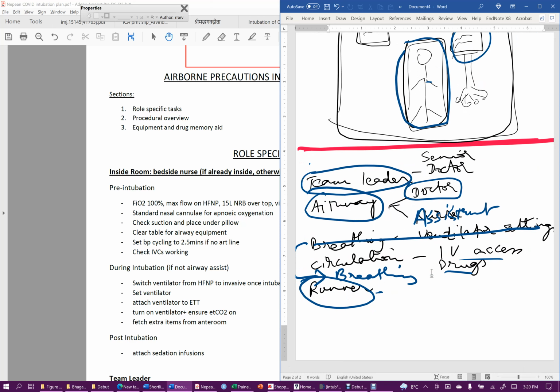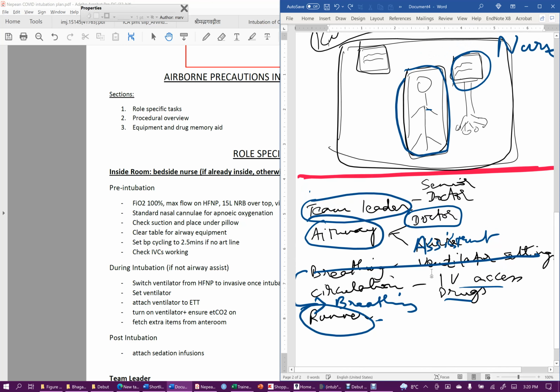How can we do that? The team leader will be a senior doctor, and after doing all the planning and preparation outside the room, the entire team will don the PPE and go into the room. Once they're inside the room, the team leader is free enough to be the circulation person, either doctor or nurse.